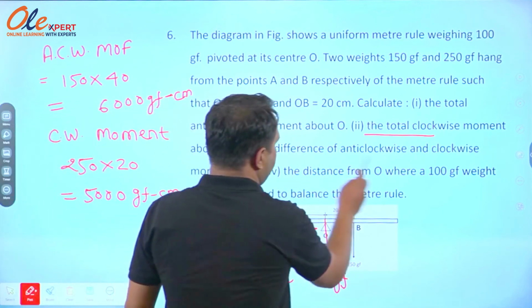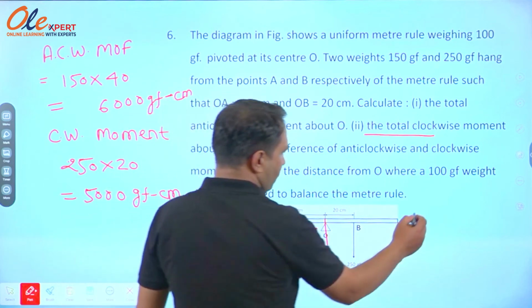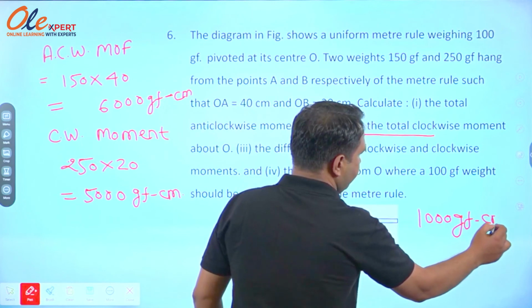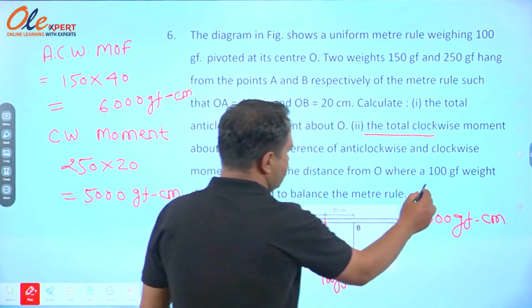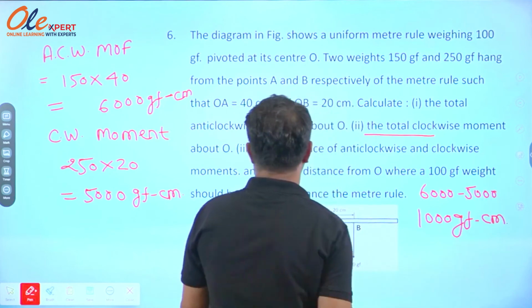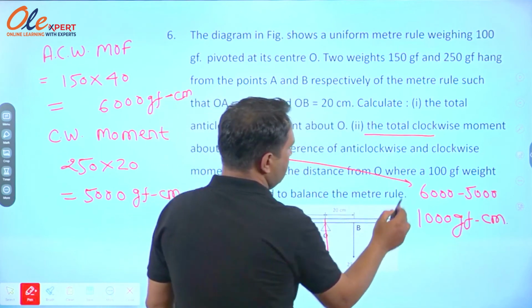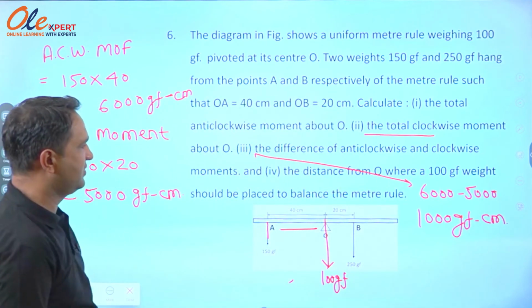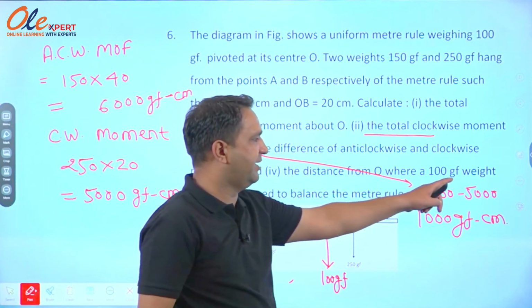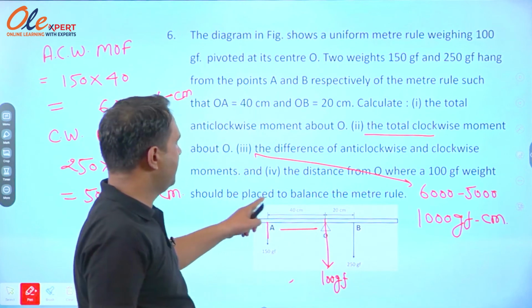The difference of anti-clockwise and clockwise moment is 1000 GF centimeter, that is 6,000 minus 5,000, right? So it will be 1000 GF centimeter.